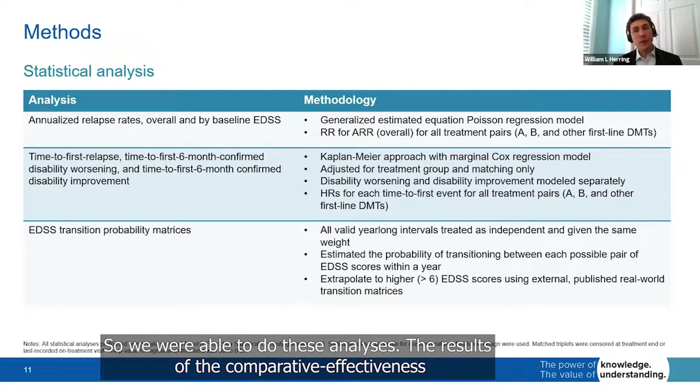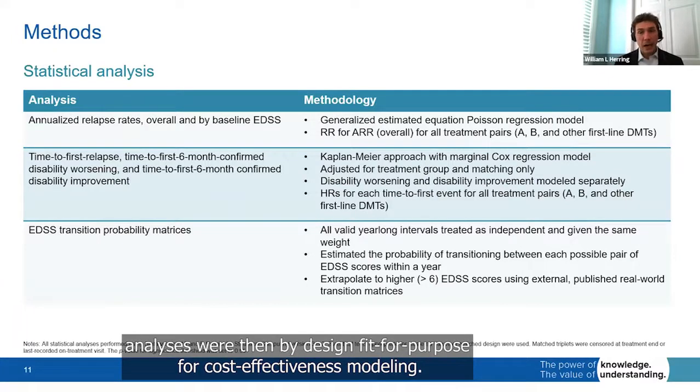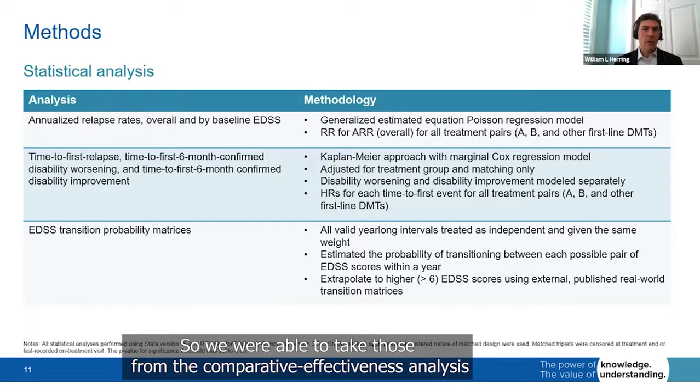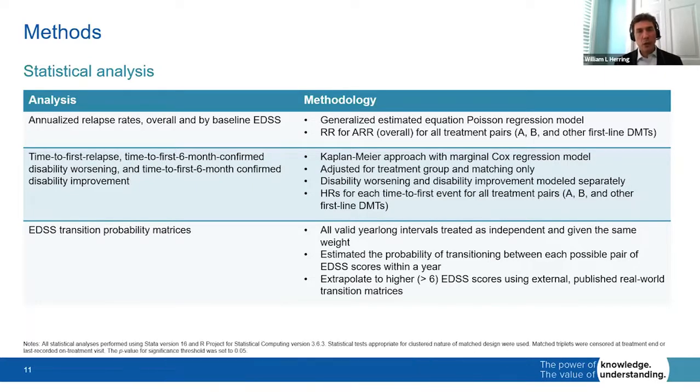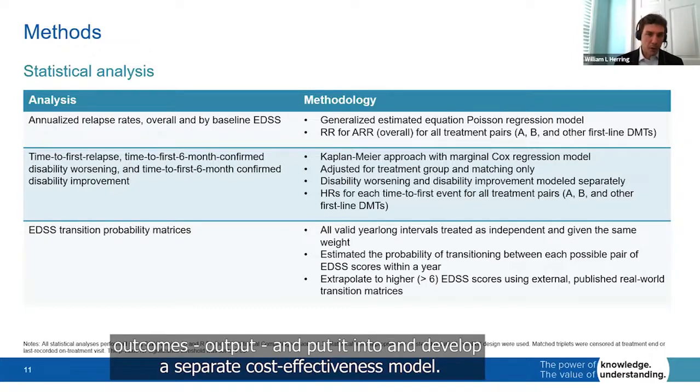The results of the comparative effectiveness analysis were then, by design, fit for purpose for cost effectiveness modeling. So we were able to take those from the comparative effectiveness analysis output and develop a separate cost effectiveness model.